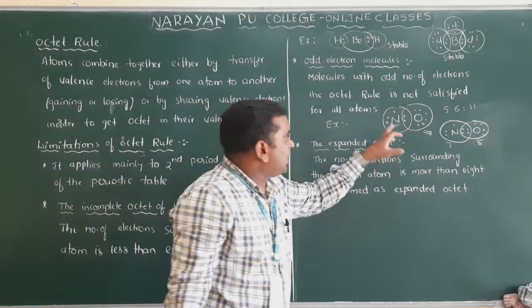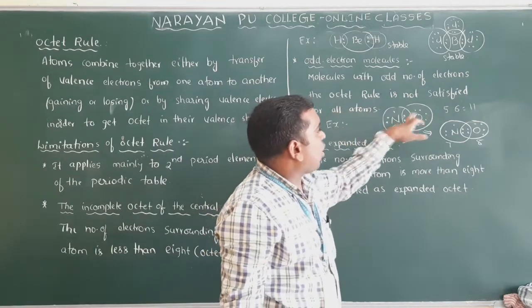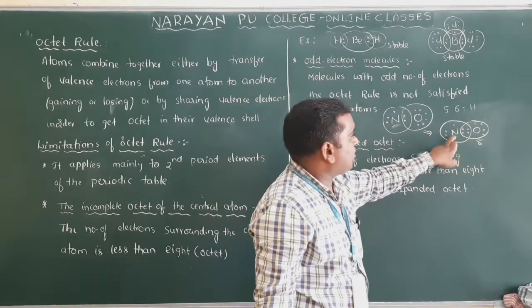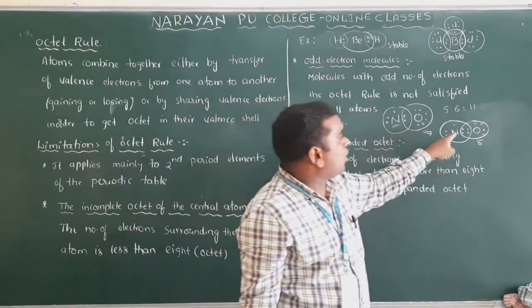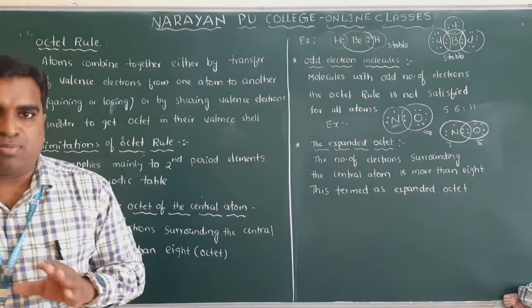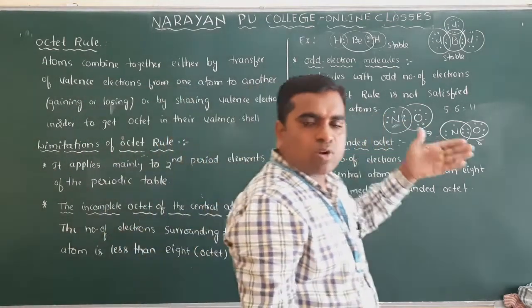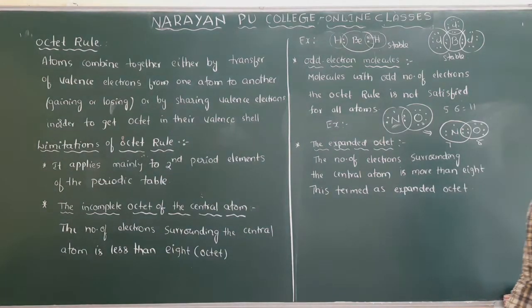So in this case, the octet rule is not satisfied for all the atoms. Oxygen satisfies the octet, but nitrogen does not. But still, this molecule is stable. Why are these odd electron molecules stable? Not explained by the octet rule.